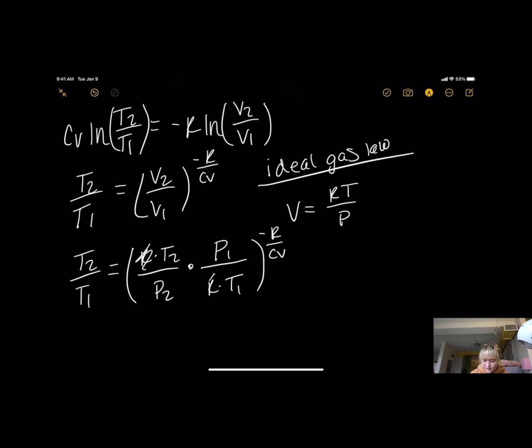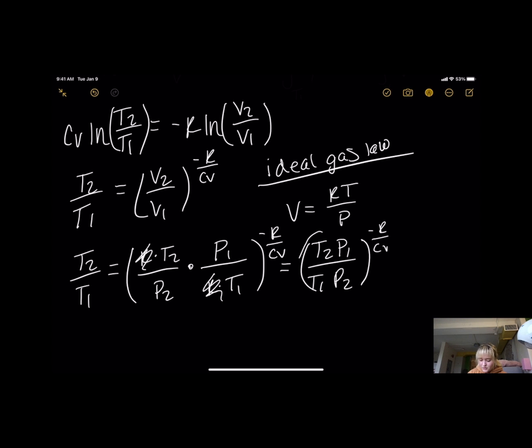As you can see here, the R's are going to cancel out, and that will give us T2 times P1 over T1 times P2 to the R over C_V power.